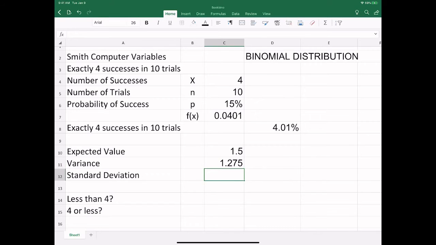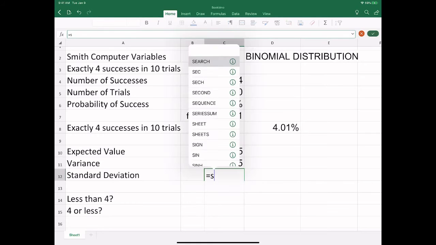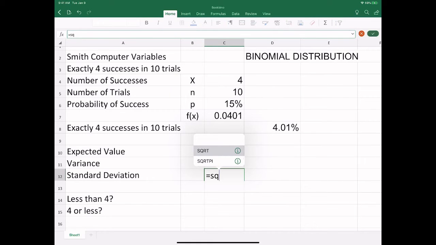I want the standard deviation. It tells me that the standard deviation is the square root of the variance. So now I'm going to say equal and start typing SQ. Square root is shown as SQRT. And tap on that and it says, what number do you want the square root of? Now I can either key in 1.275 or just highlight it.